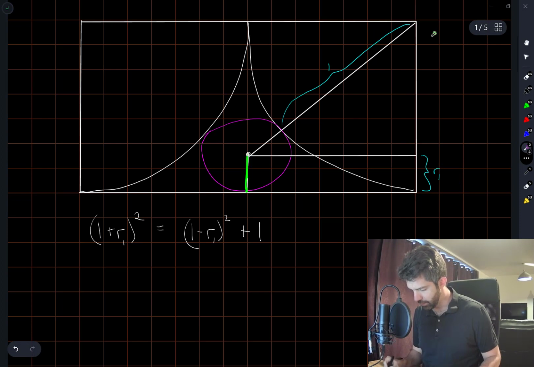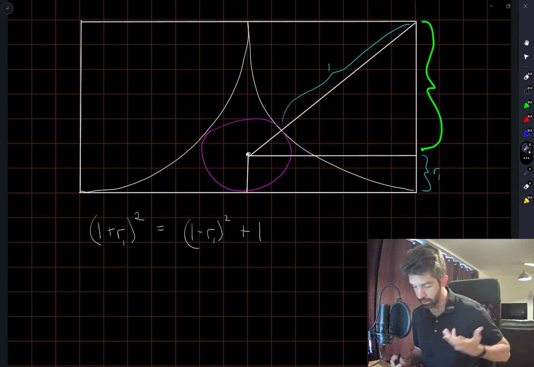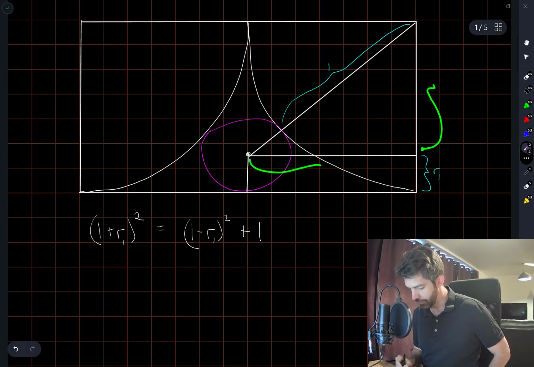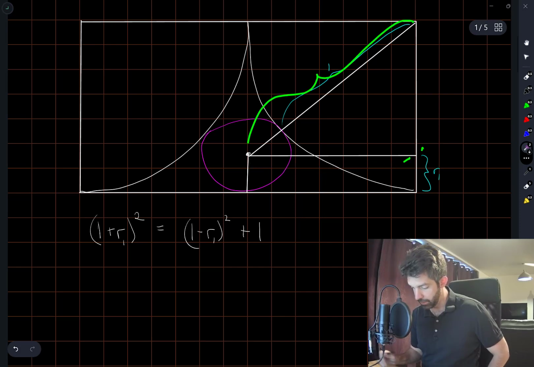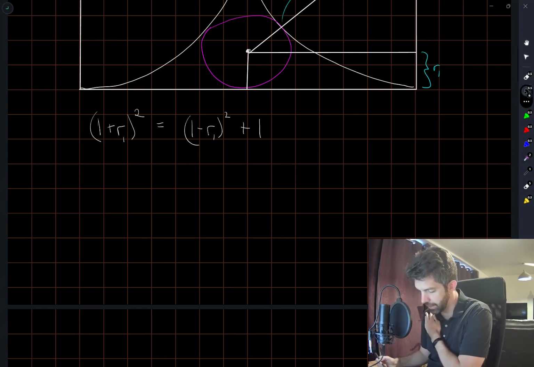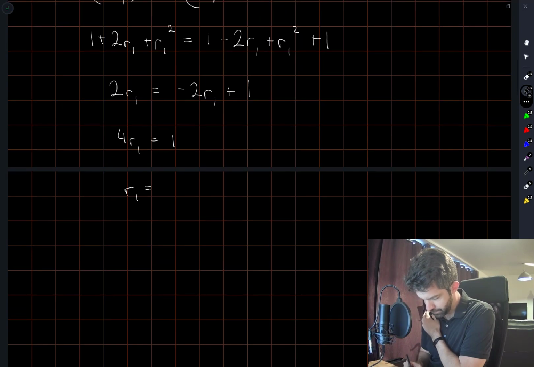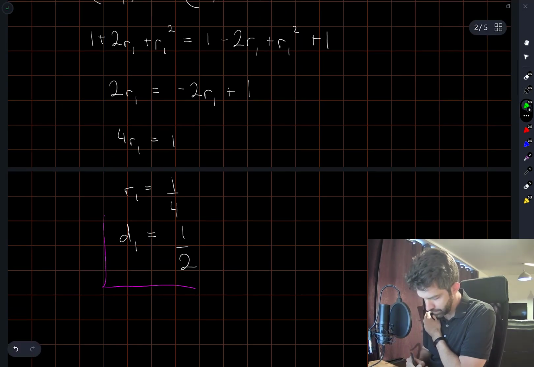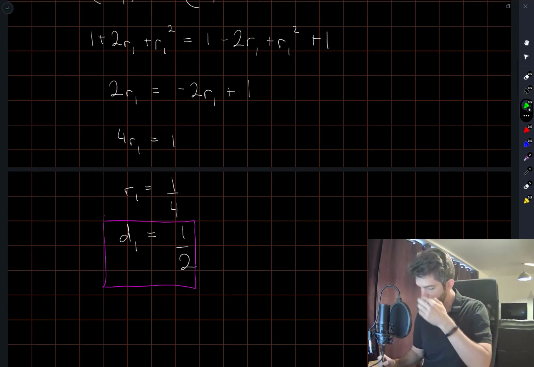And so this length is 1 minus r, or I'll call it r1 because this is the first circle. This distance here is 1, and the length of this segment is 1 plus r1. So here I just have the Pythagorean theorem written down for that triangle, and I should be able to solve for r1 pretty easily from this. All right, so the first diameter is d1.